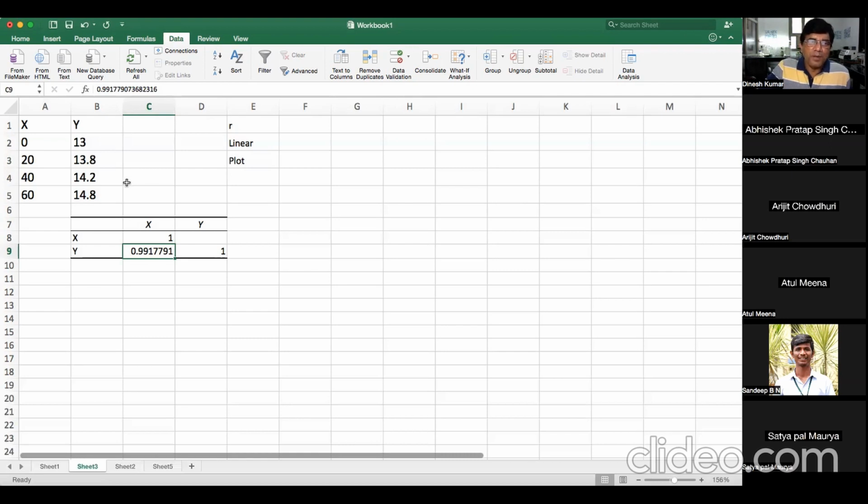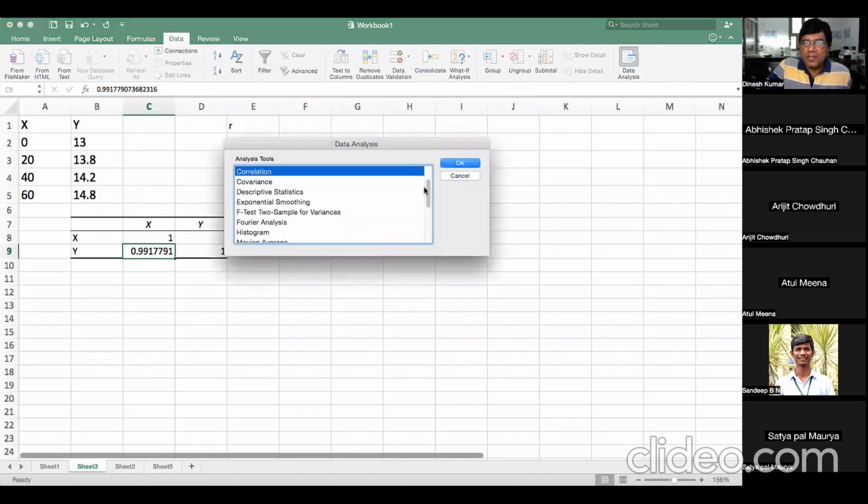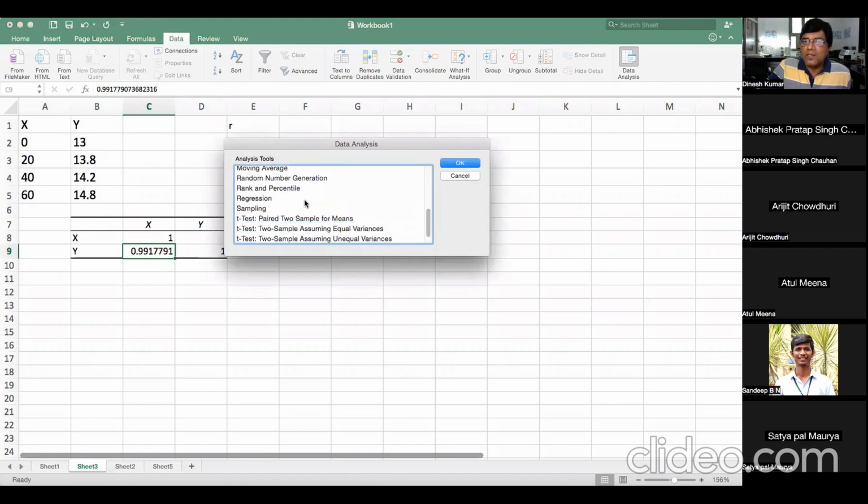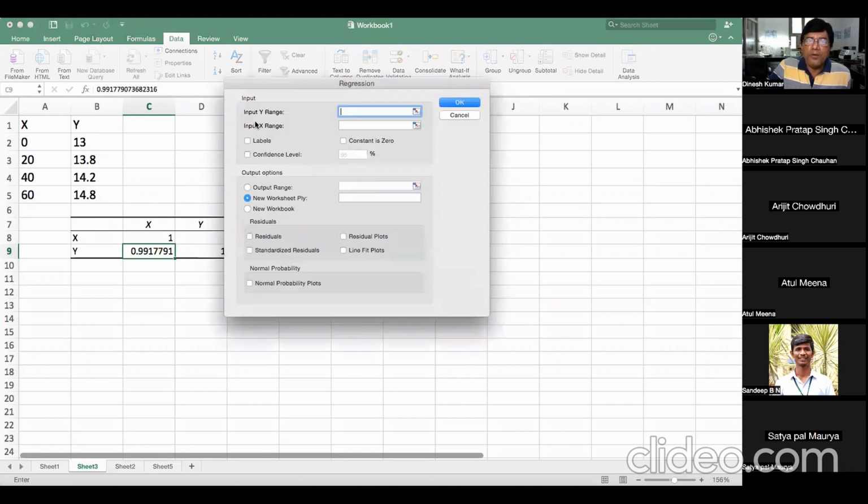So it's very simple. Now suppose you want to fit a linear equation in this. What you require to do: go to data, go to data analysis and select regression. Now you see input Y range. Input Y range is your dependent variable.